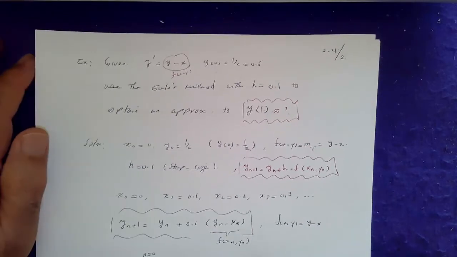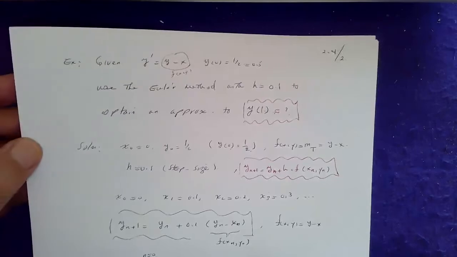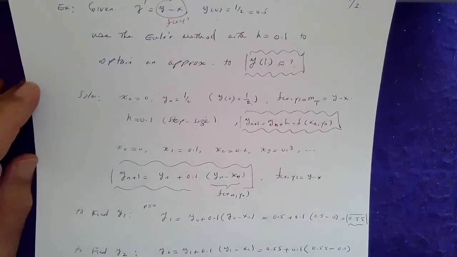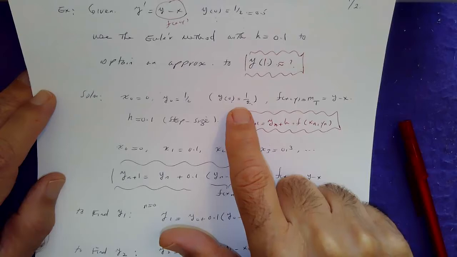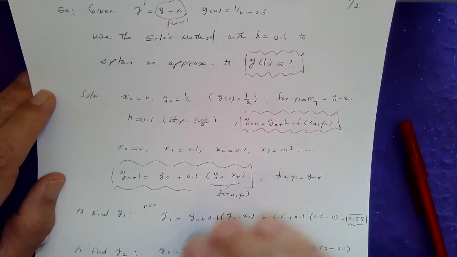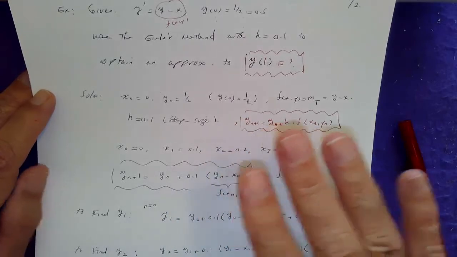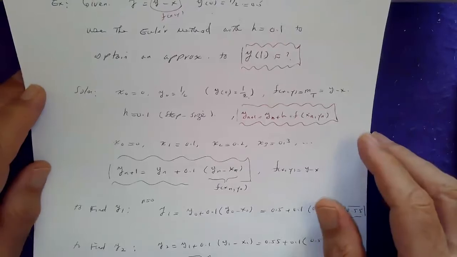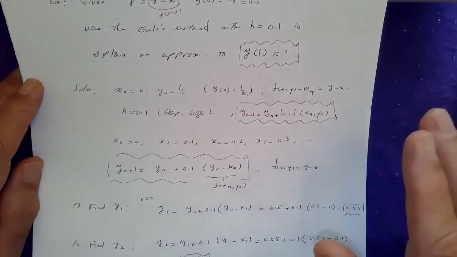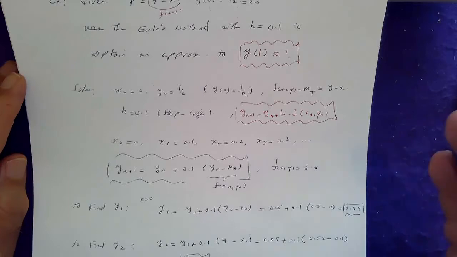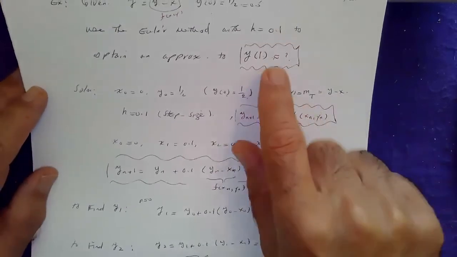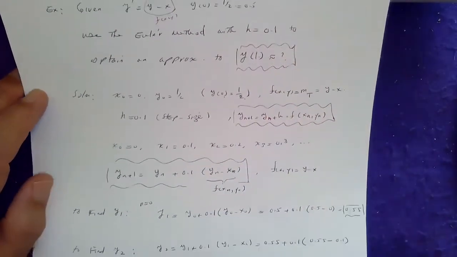But remember, the first tangent line is tangent to the exact solution, when you use the initial condition. But thereafter, those are not tangent lines to the exact solution. Those are tangent lines to the solution curves passing through those points which you select by incrementing x by the amount of, in this case, 0.1.